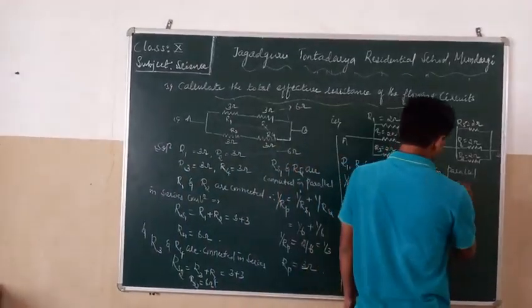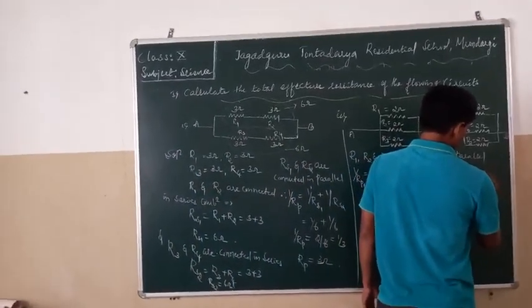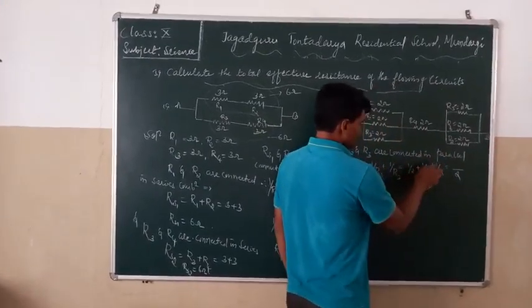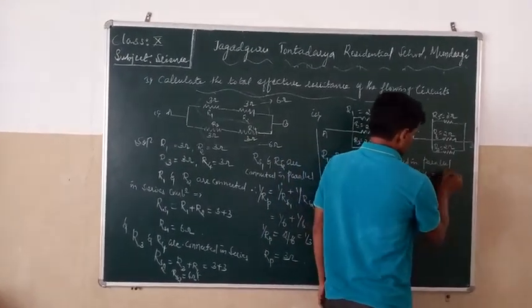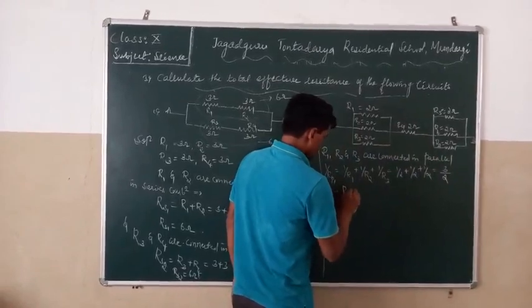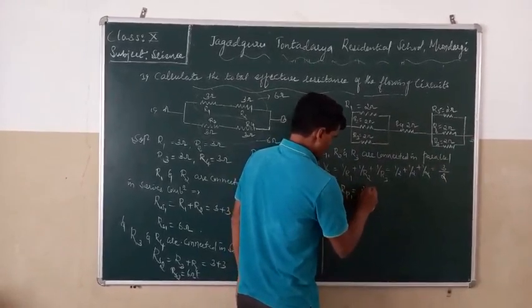What is the LCM here? 2 only. So 1 plus 1 plus 1 is 3 by 2. Therefore, Rp1 is equal to what? 2 by 3.